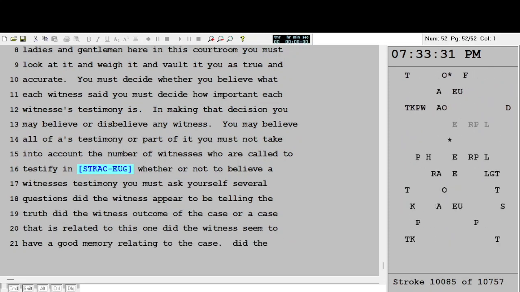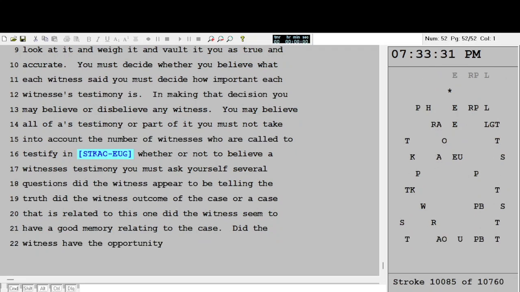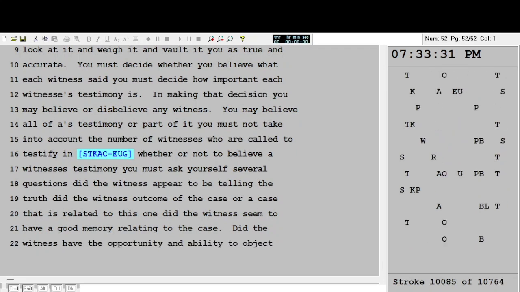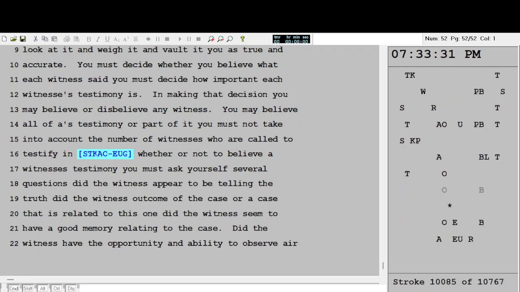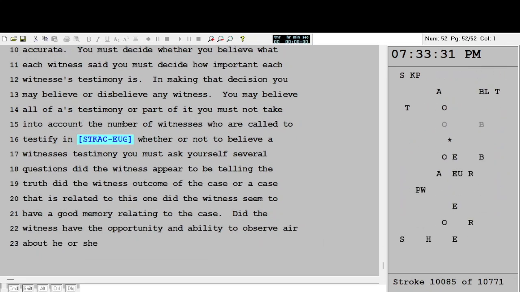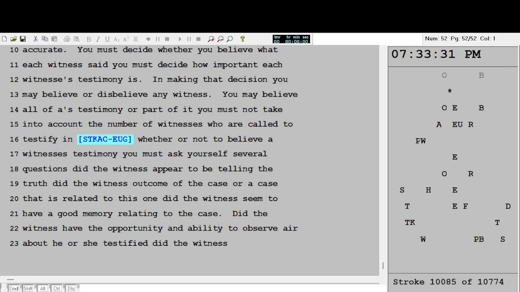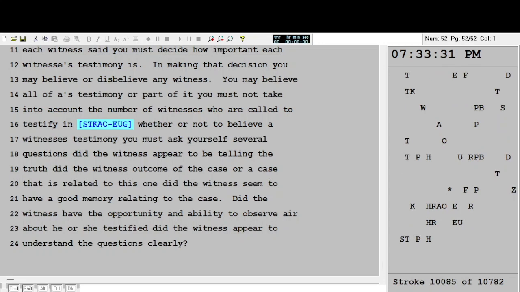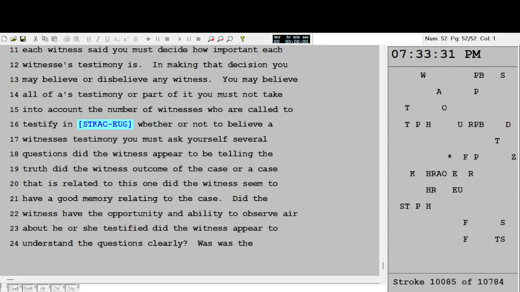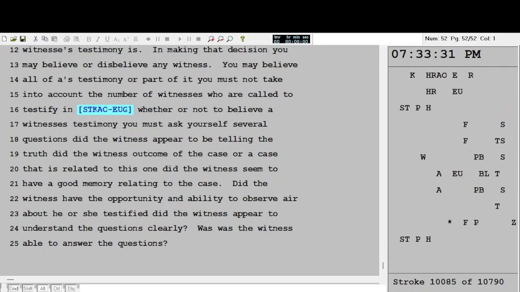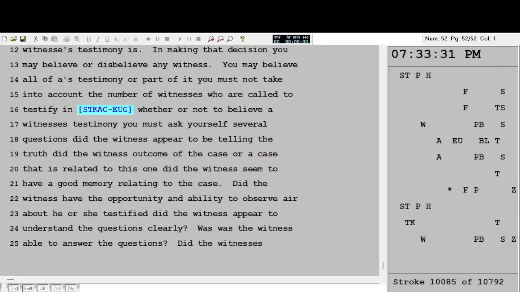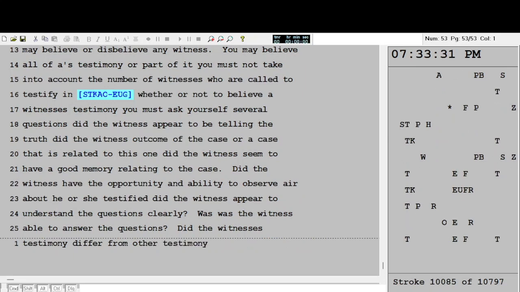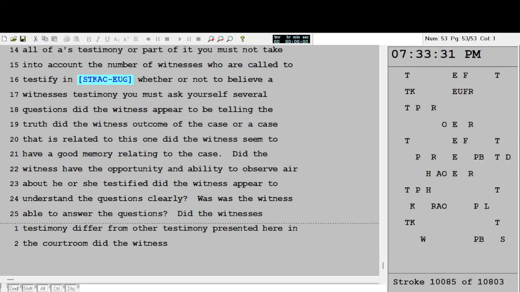Did the witness have the opportunity and ability to observe carefully and accurately the things about which he or she testified? Did the witness appear to understand the questions clearly? Was the witness able to answer the questions? Did the witness's testimony differ from other testimony presented here in the courtroom? Did the witness seem to be candid and forthright?